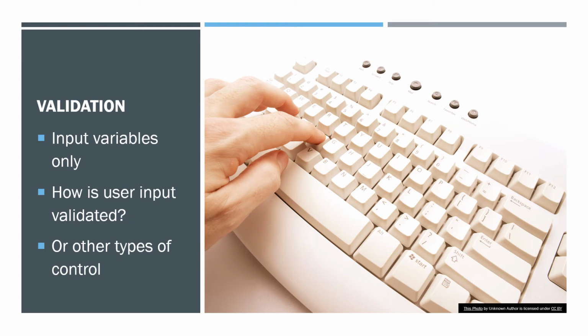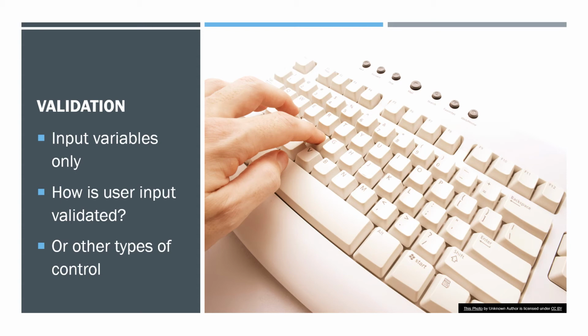And the final section of your design write-up is to mention the validation that you have used or that you're going to use. Validation only applies obviously to input variables, particularly variables that are going to be typed in by the user. In other cases, you're controlling the input in a different way and you would write about that instead.